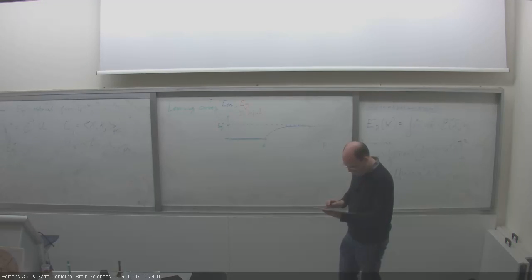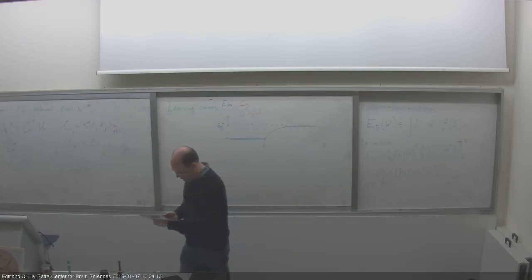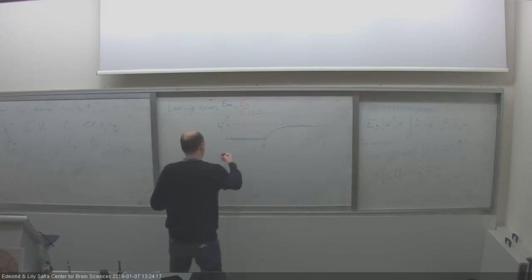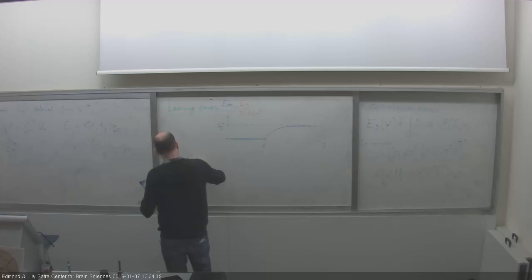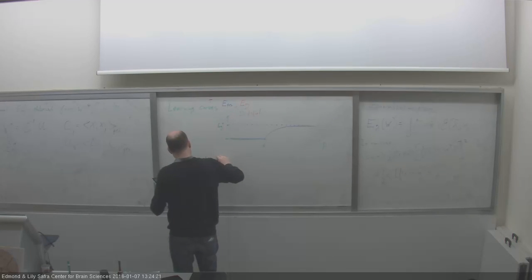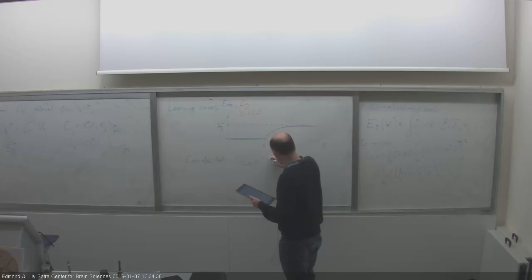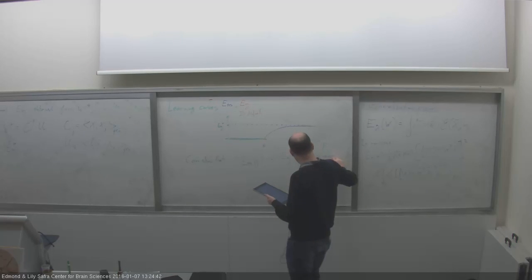Now, what I just wanted to tell you is that it's possible to show that the training error as a function of P behaves like E_G star minus some constant over P when P approaches infinity.